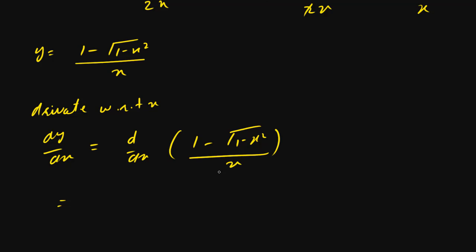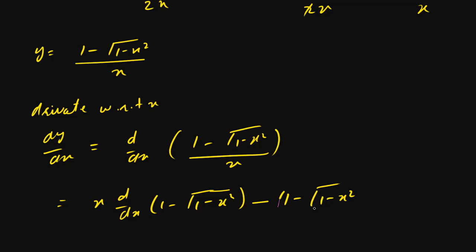You know that the denominator stays as it is, and we take the derivative of the first, which is 1 minus the square root of 1 minus x squared, with a minus sign from the formula, and the second stays as it is, all divided by x square.